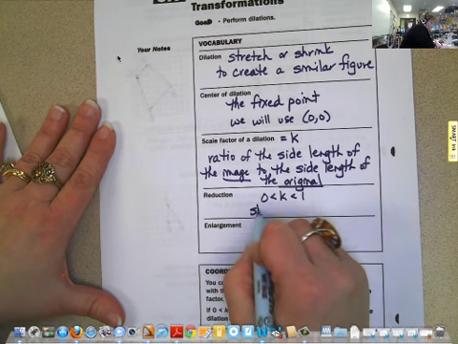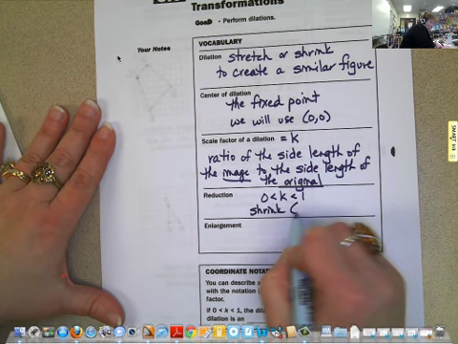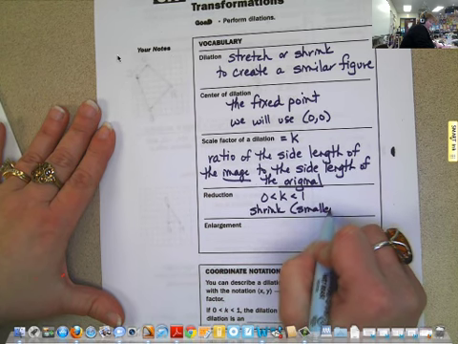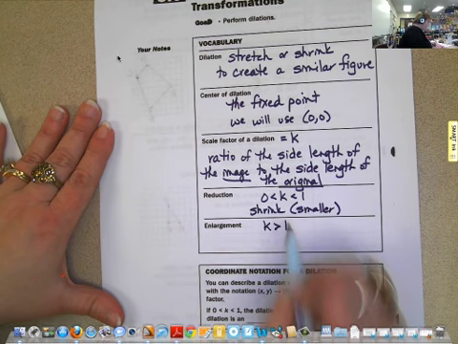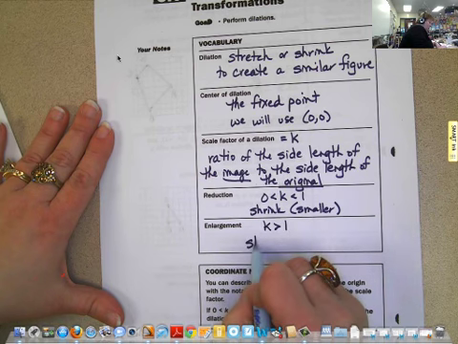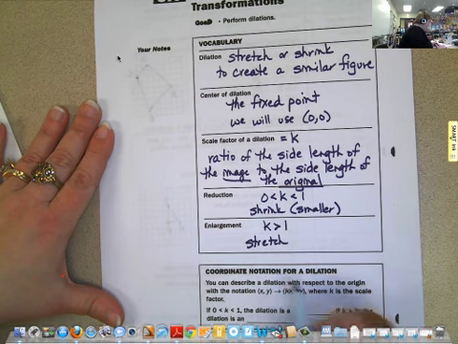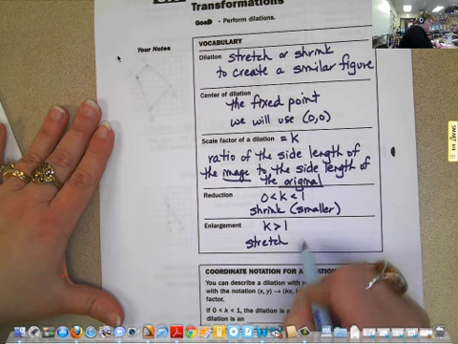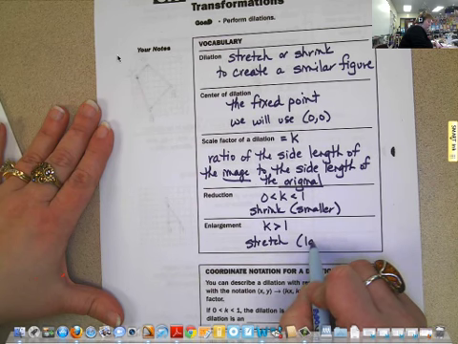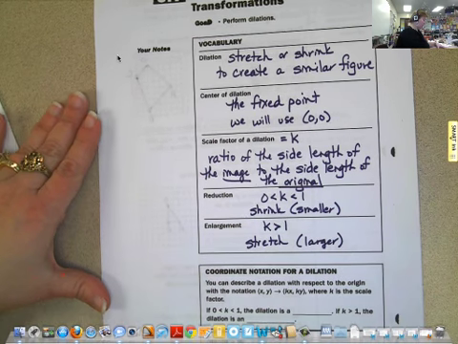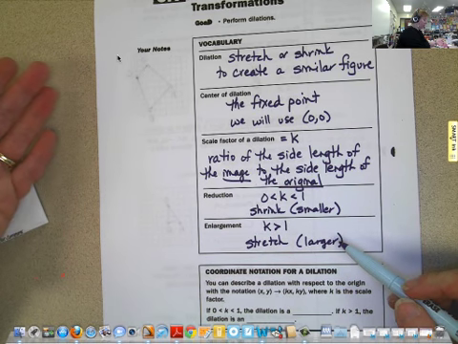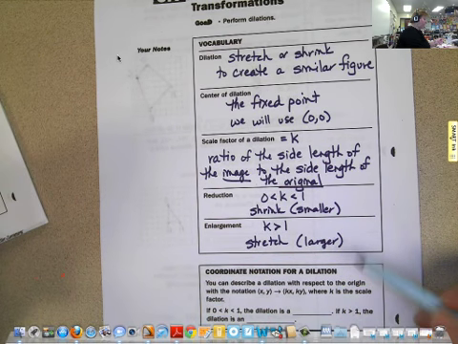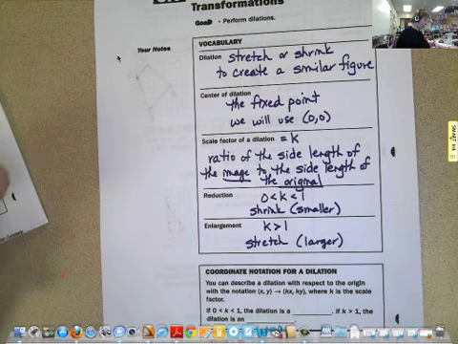It's going to shrink or get smaller. If the scale factor is greater than 1, that's when you have an enlargement, and so that's when it stretches or it gets larger. Obviously, if you have a scale factor of 1, it doesn't change at all. So that's why it has to be less than 1 or greater than 1.